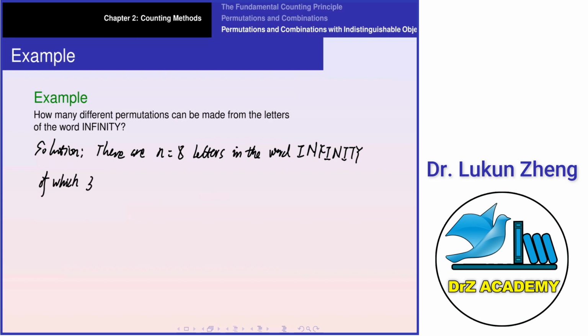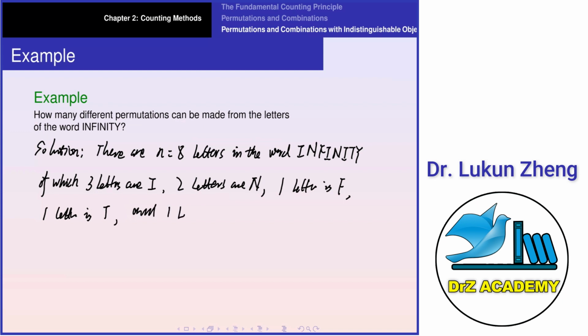There are 3 letters of I. And how many N's? 1, 2. 2 letters are N. And 1 letter is F, 1 letter is T, and lastly, 1 letter is Y. So here we have 3 letters are I, 2 letters are N, 1 letter is F, 1 letter is T, 1 letter is Y. How many in total? 3, 5, 6, 7, 8 in total, right?